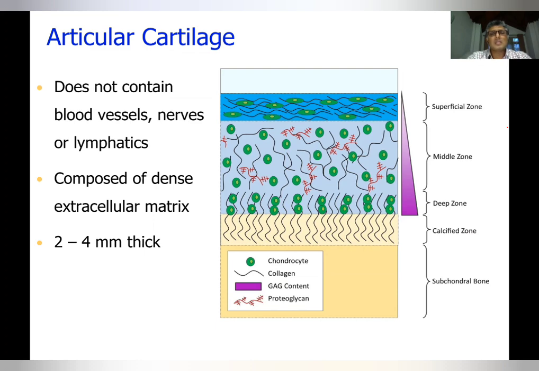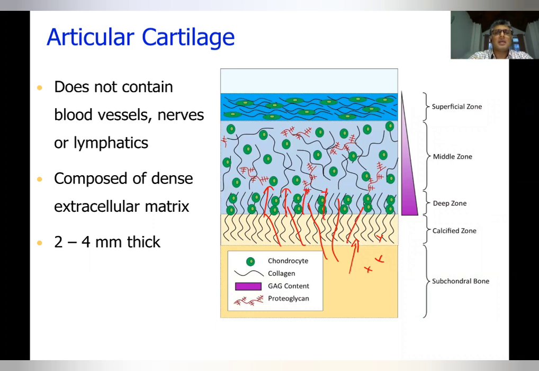Now, the difference in this hyaline cartilage is that on one side, you can see here, it is bone. The cartilage is attached to bone, and because bone is highly vascular, all the nourishment can come from the blood vessels in the bone, and from there it will diffuse into this as usual.